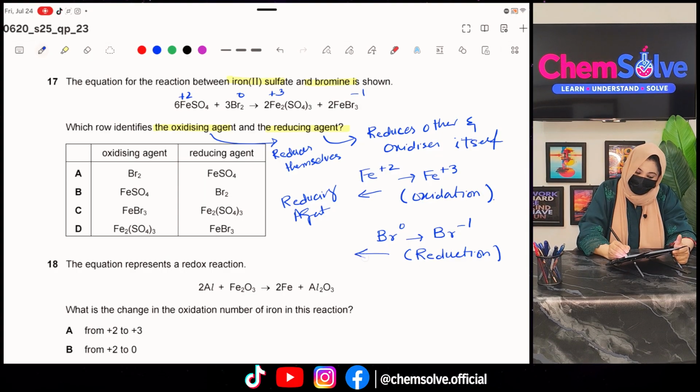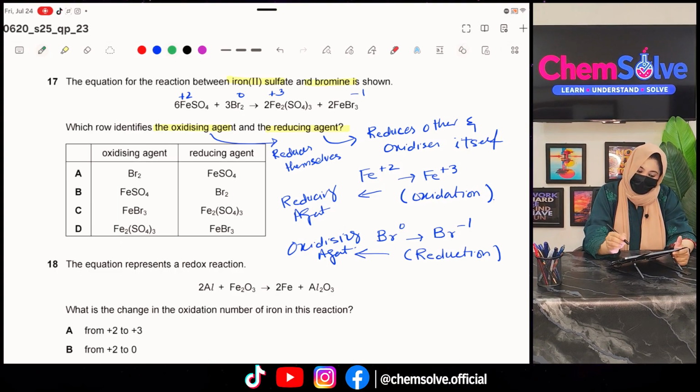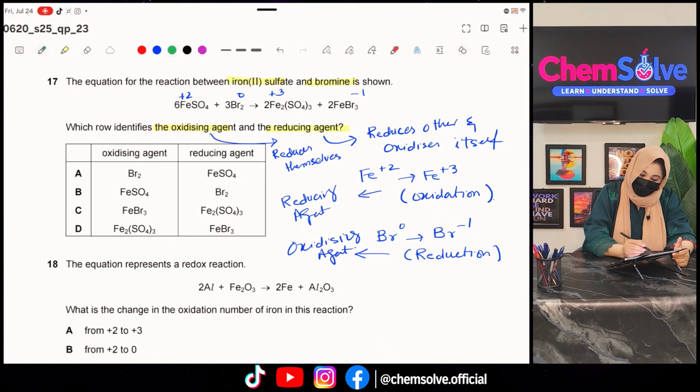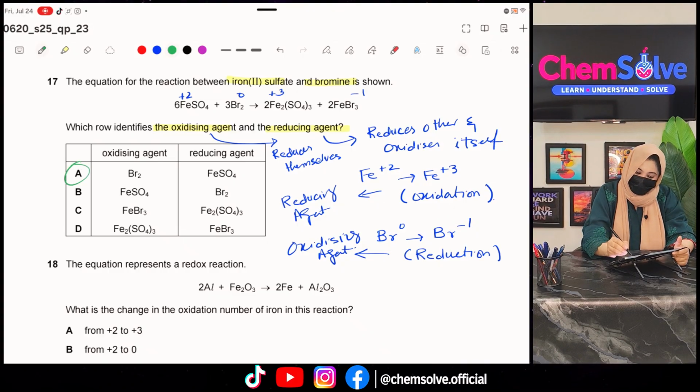So it is reduced itself. So it is an oxidizing agent. So bromine is our oxidizing agent and FeSO4 is our reducing agent. So that's why the correct option is option A.